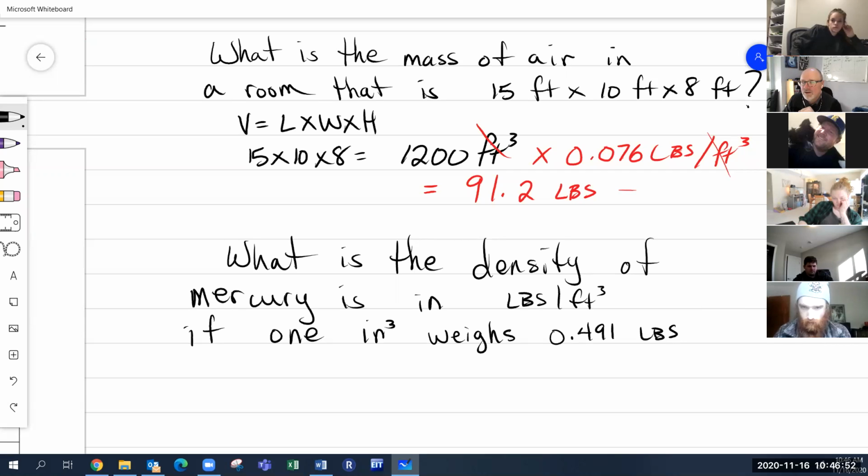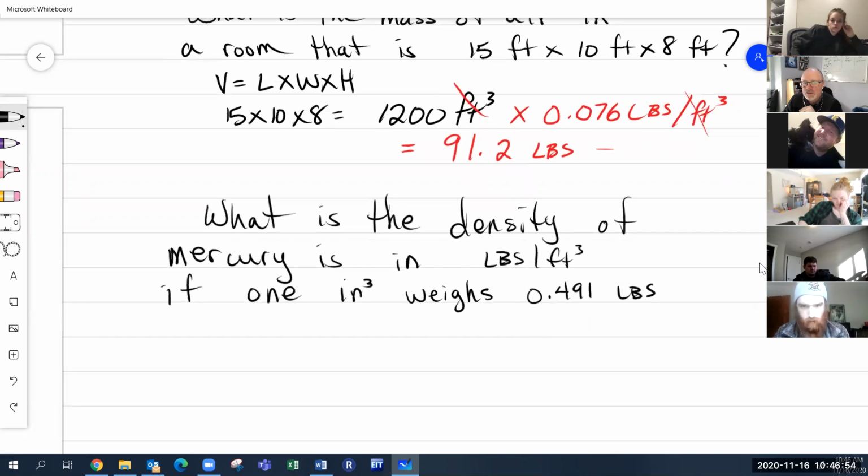Okay, I want to know the density of mercury in pounds per cubic foot if 1 cubic inch weighs 0.491 pounds.